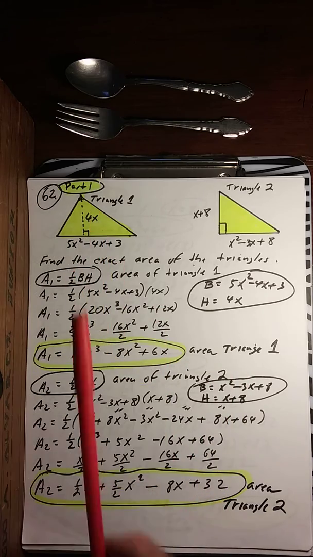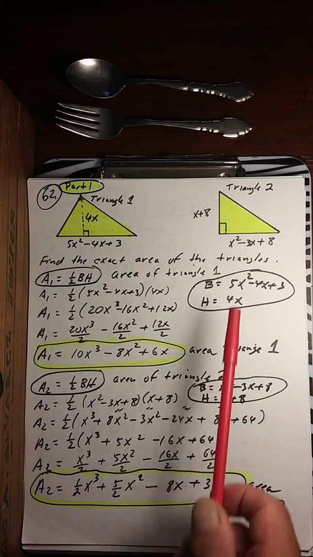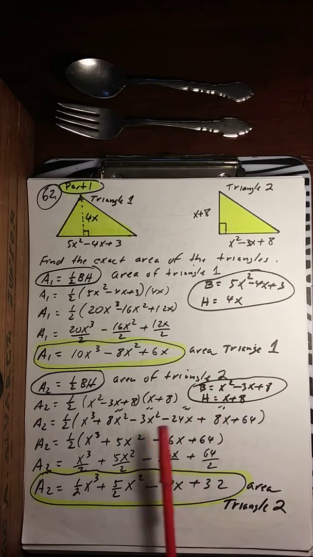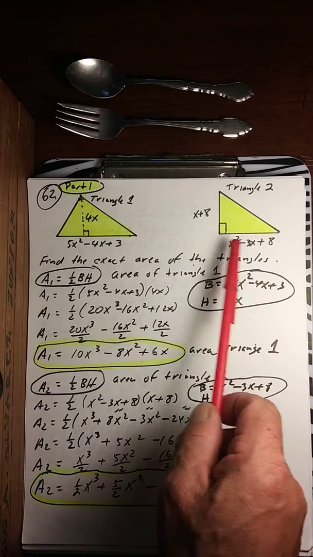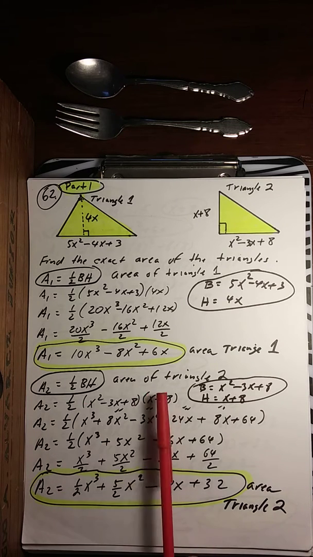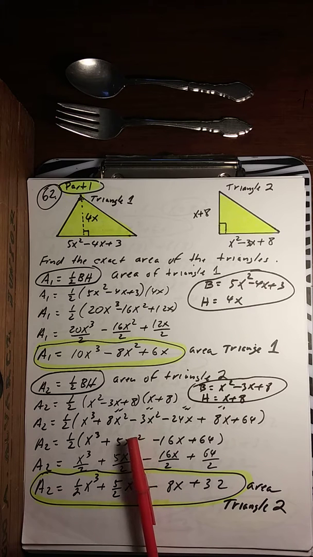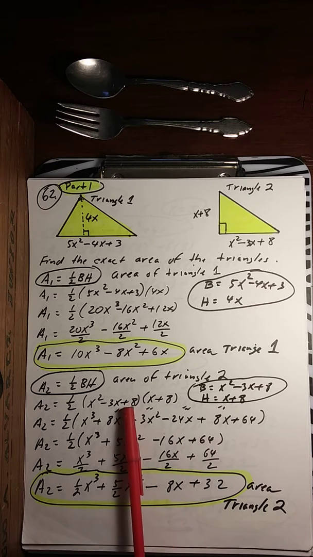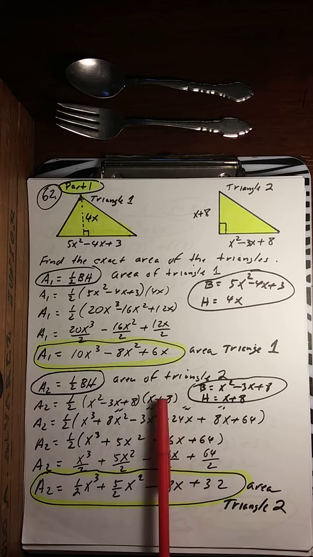That's the area of triangle 1. Now find the area of triangle 2. Well, area equals 1/2 base times height. There's a base, there's a height from there. So base times height: this times this, x cubed, that times that, 8x squared, that times that, and 8 times 8, 64.